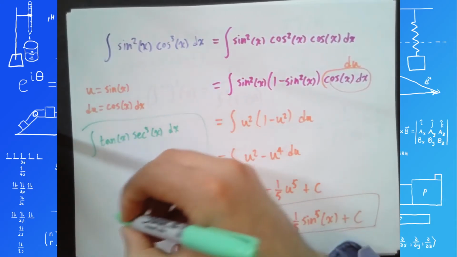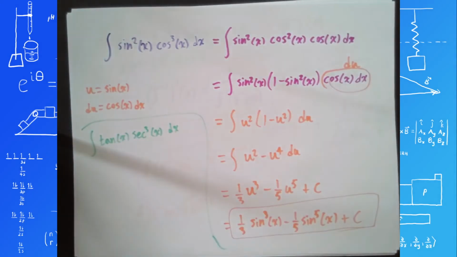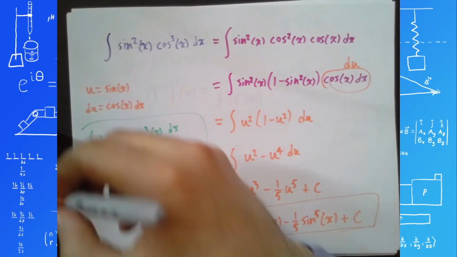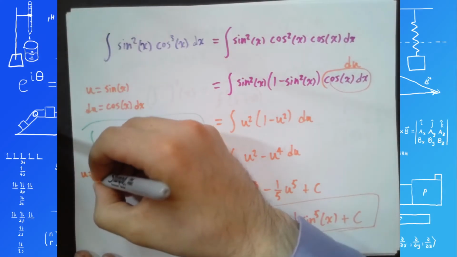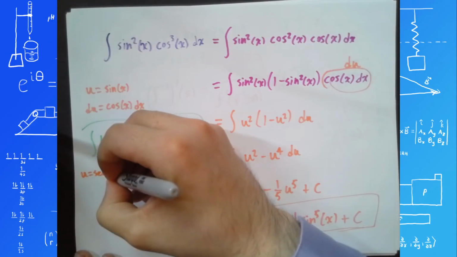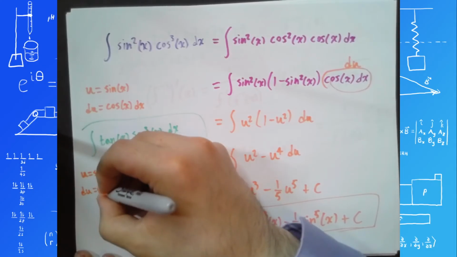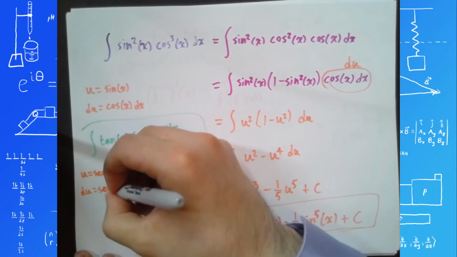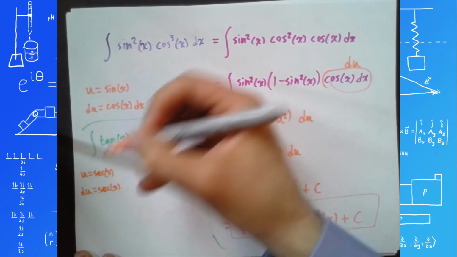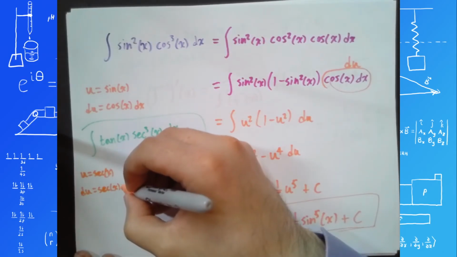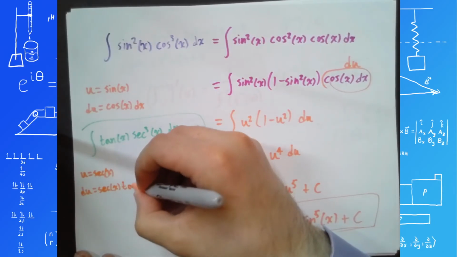So if I do u equals secant of x, then my du would be secant of x tangent of x. Oh, and that actually works.